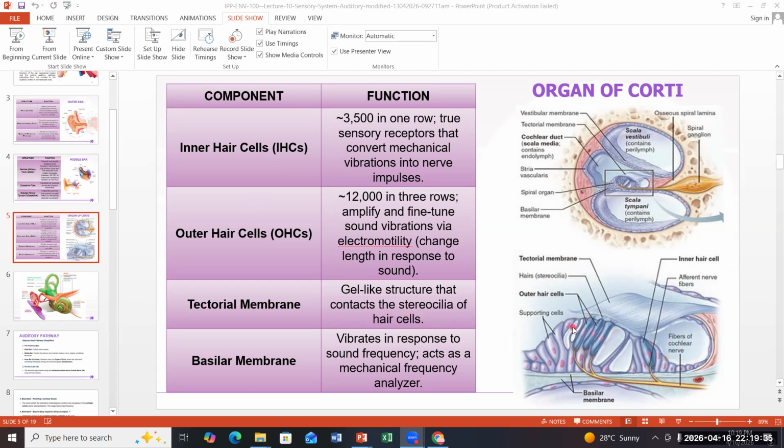The outer and inner hair cells are separated, and this tectorial membrane connects them. Then, if we look closely, we can see the basilar membrane right here and right here. This basilar membrane vibrates in frequency, and acts as a mechanical frequency analyzer.